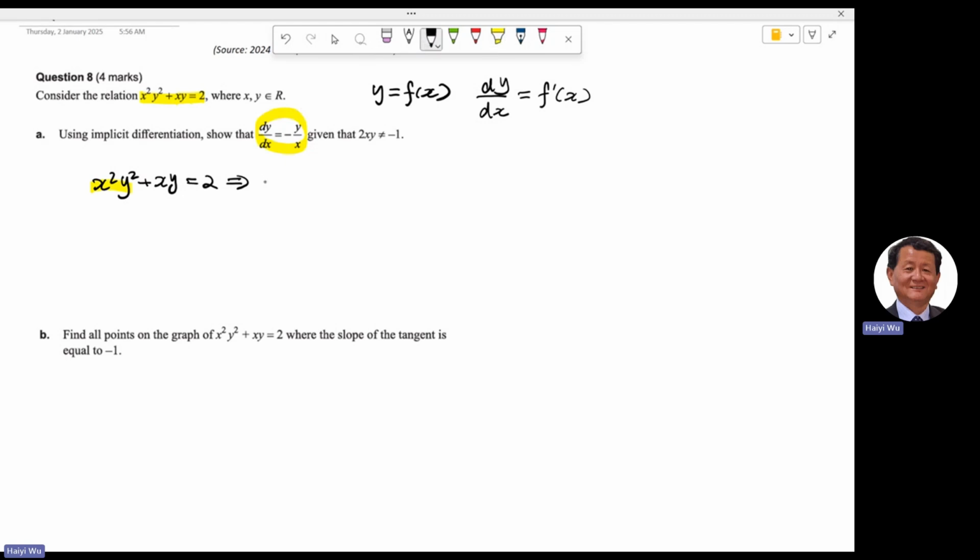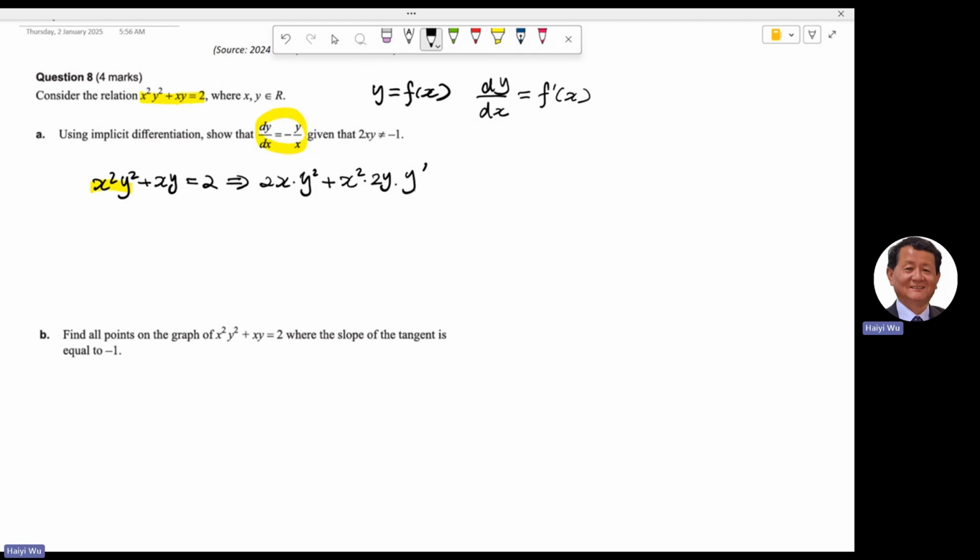Differentiate x squared to get 2x, copy y squared down, plus copy x squared down, then the derivative of y squared is 2y. Remember y squared is a composite function, so times by the derivative of y with respect to x, so I put a y dash. That's the implicit differentiation.